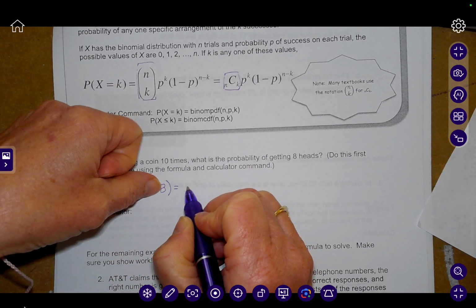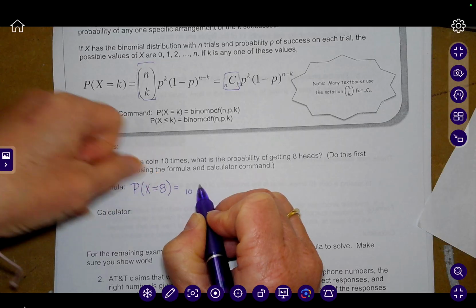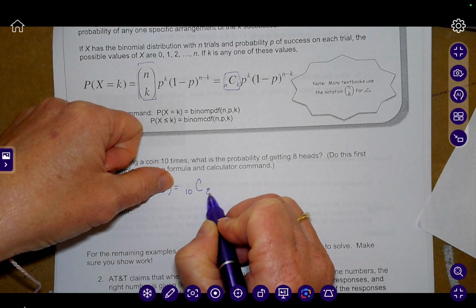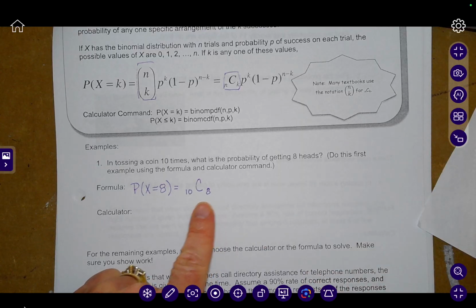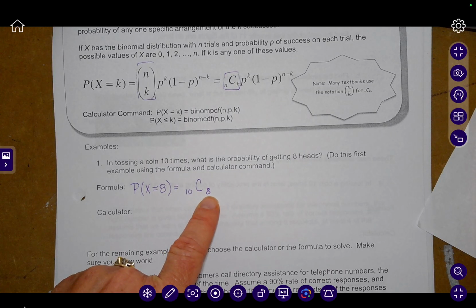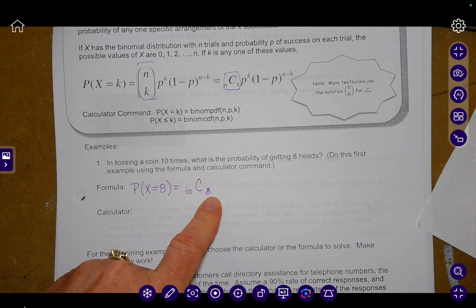So I would need to say, so 10 C 8. So basically if I toss a coin 10 times, this will tell me how many of those arrangements have 8 heads.